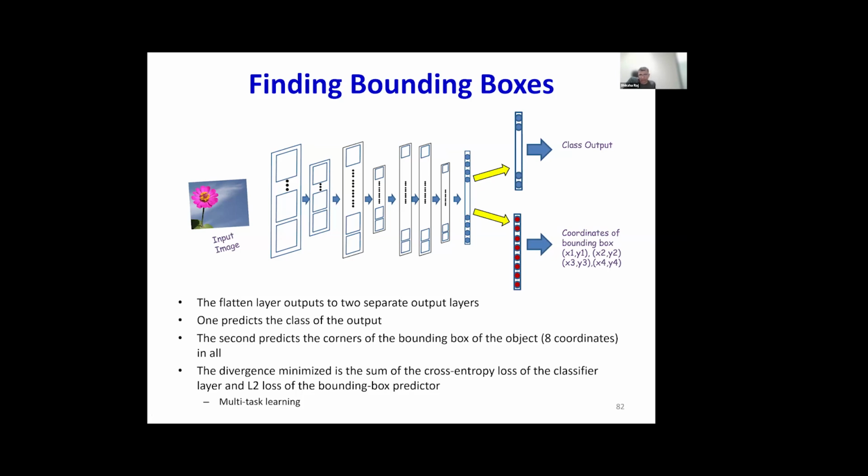But then, if I also want to find out the position of the object, then this final output layer is typically put through another regression layer, which gives you the coordinates of the bounding box within which the pattern occurs.